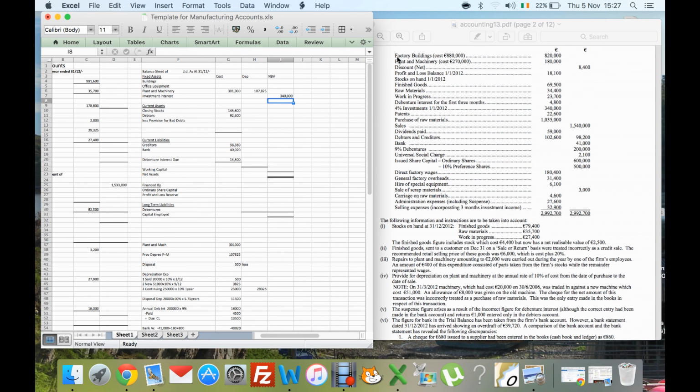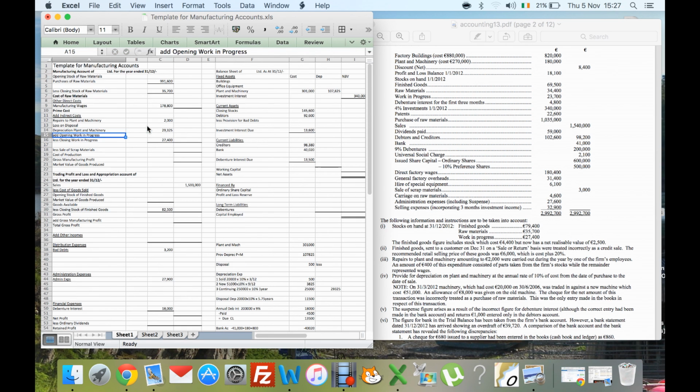I'm looking here for investment interest paid during the year. I don't see any mention of it, so therefore all of the investment interest I should have got is still owing to me. So that's investment interest due, and that figure should be 340 grand times 4%.